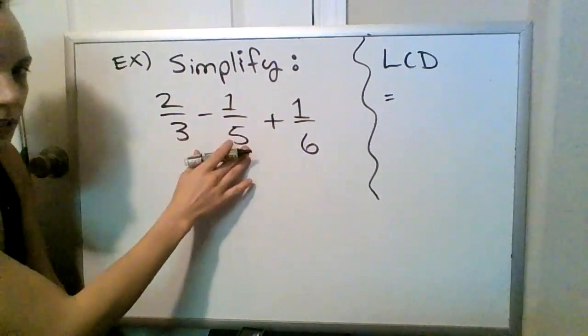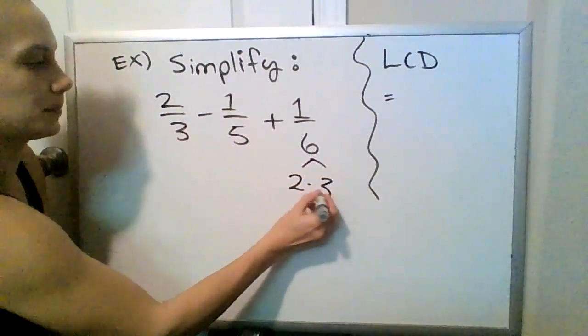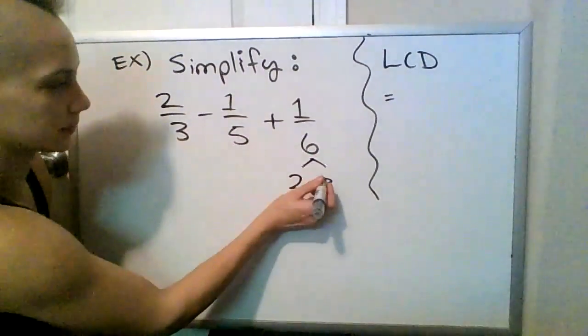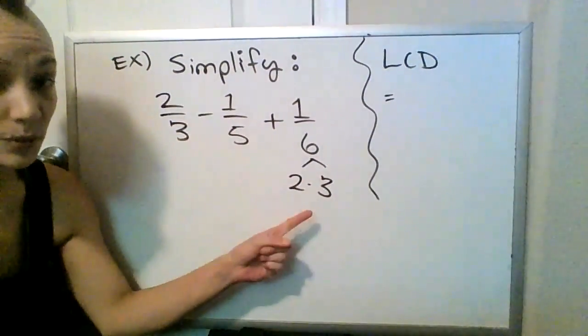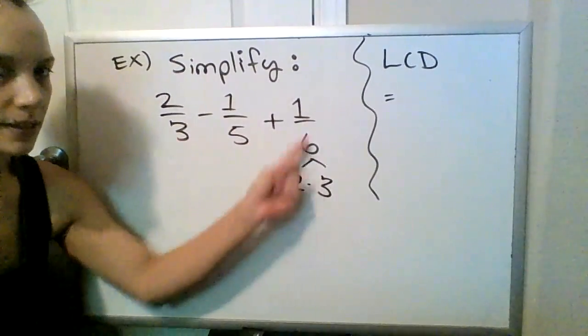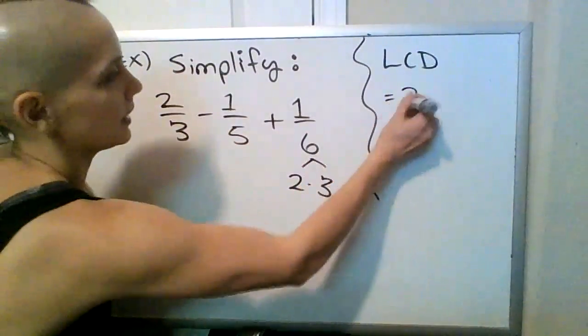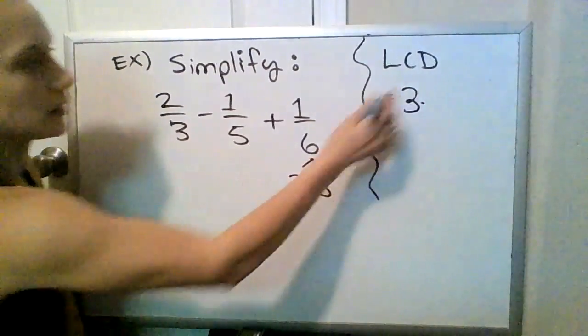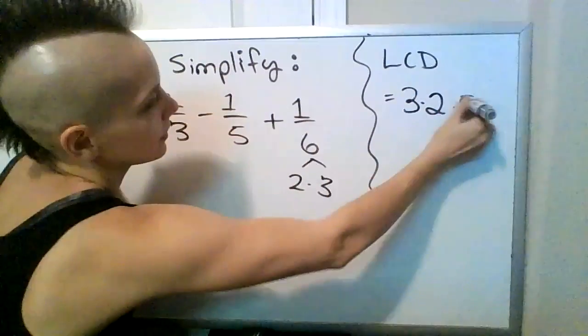This is factored, this is factored. Here you can factor into 2 times 3. So there's a factor of 3. There's 1 3 from any of those denominators. And there's 1 2. And there's 1 5.